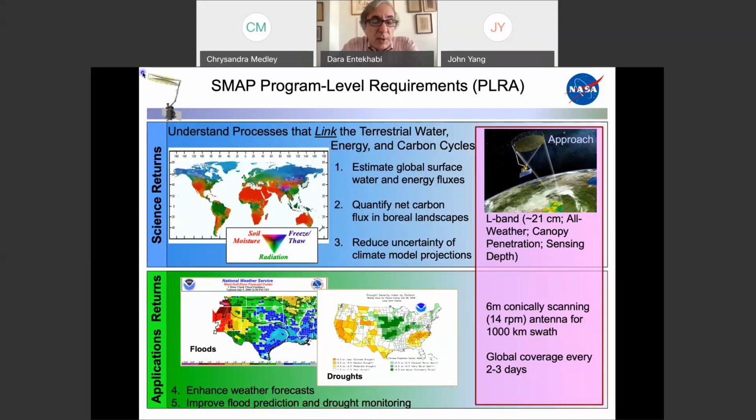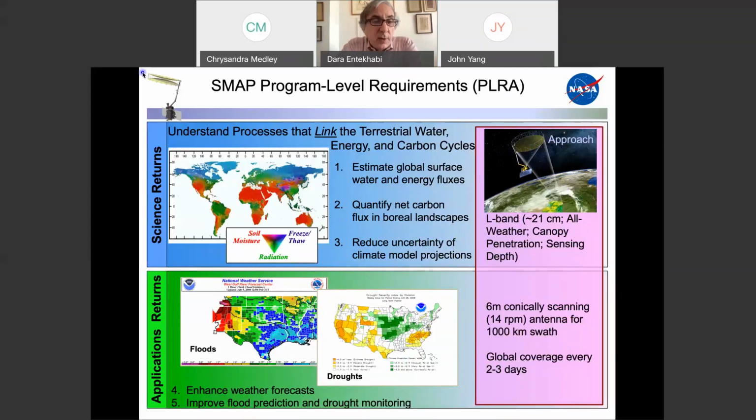Let me just briefly say about the applications. The applications are things such as drought monitoring, where agricultural drought is by definition a persistent deficit in soil moisture. For decades, we've been modeling soil moisture in a soil moisture accounting to support drought. So now we have direct measurements.